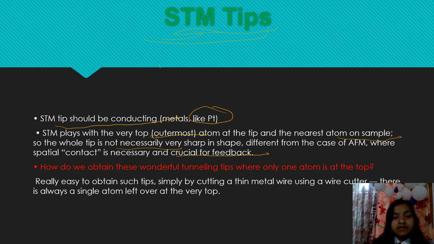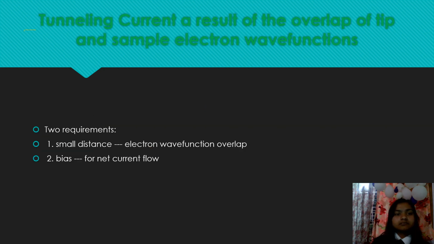Now, how do we obtain these wonderful tunneling tips where there is only one atom at the top? It is really easy to obtain such tips simply by cutting a thin metal wire using a wire cutter. There is always a single atom left at the very top.